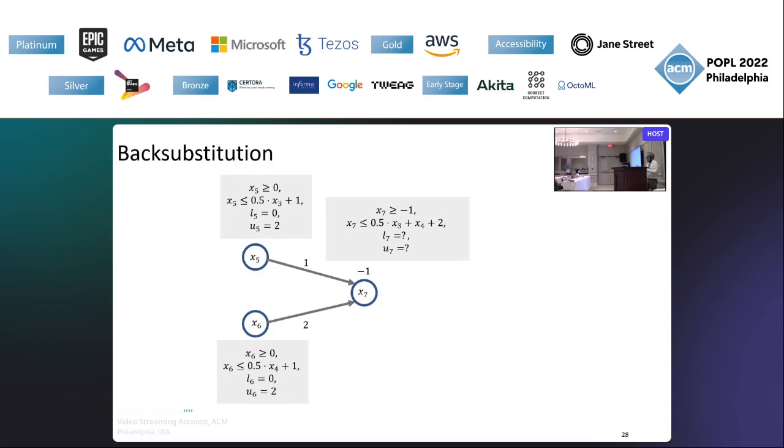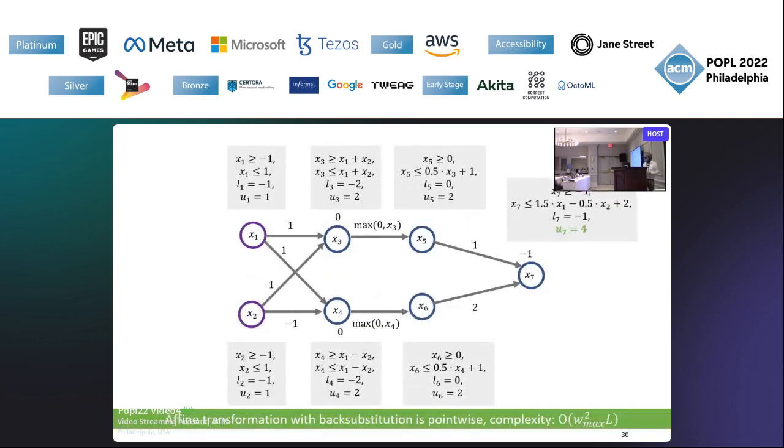But it is approximate. It gives an approximate answer to the LP. In practice, it is actually very close to the answer that you get from the LP. So if you do that, you get 4, which is more precise.